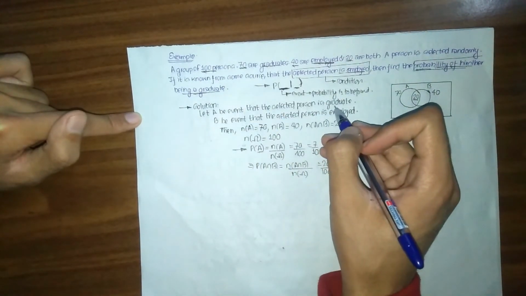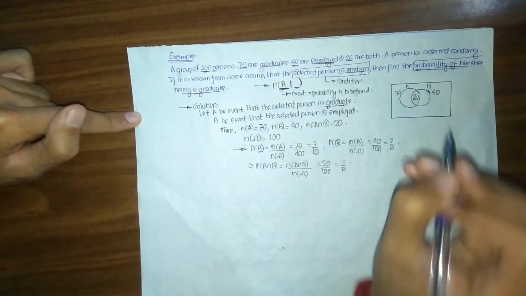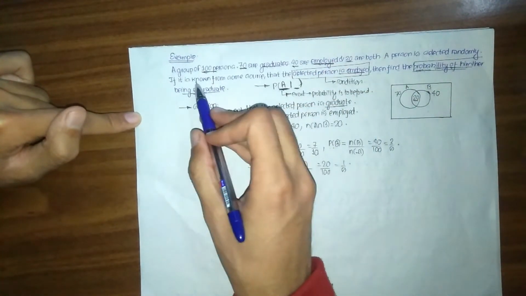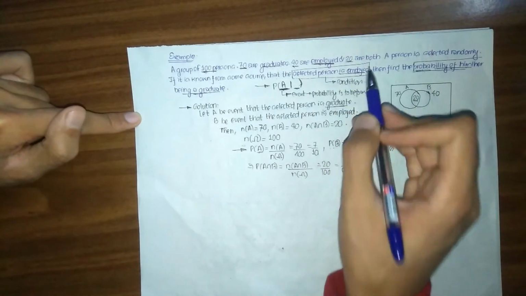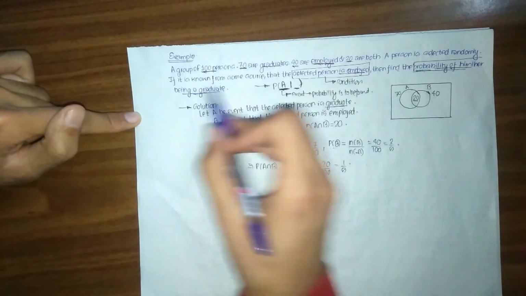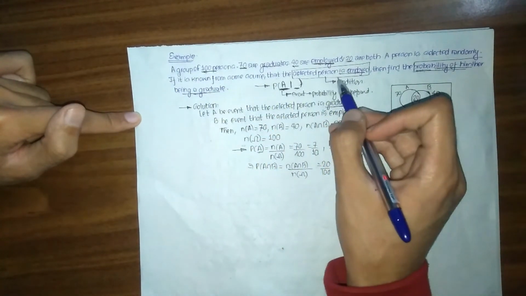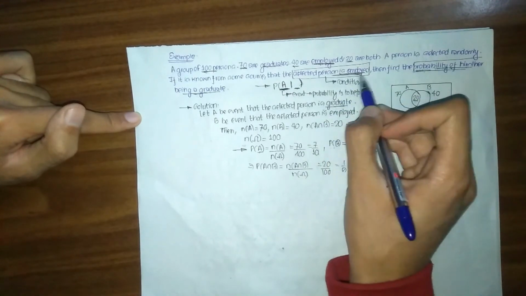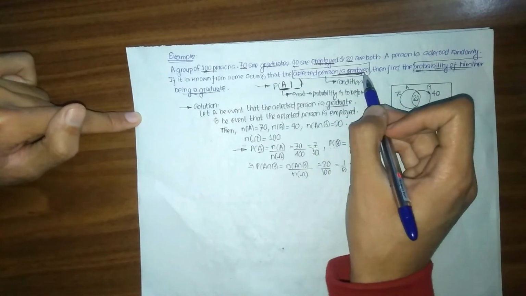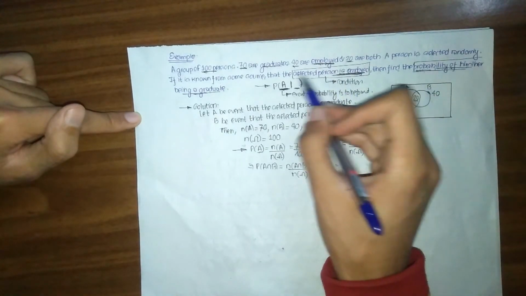So find the probability of him or her being a graduate. Being a graduate is denoted by A, so let me write A over here. Now, if it is known from some source that the selected person is employed, this event has to occur first.